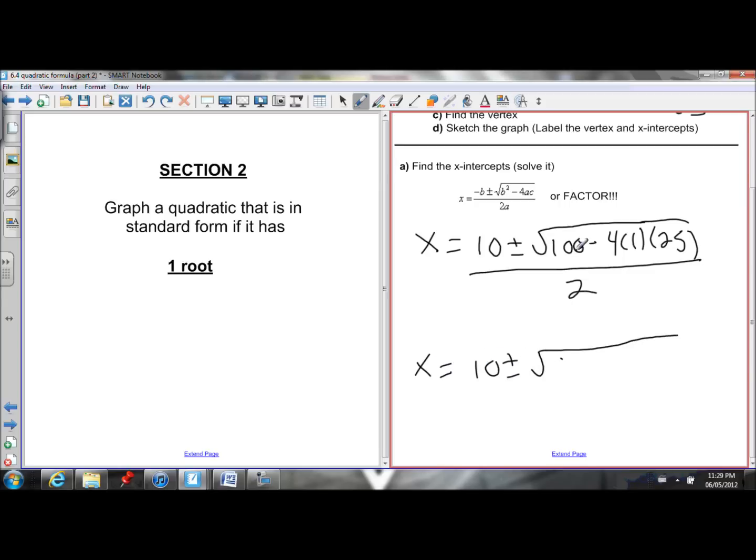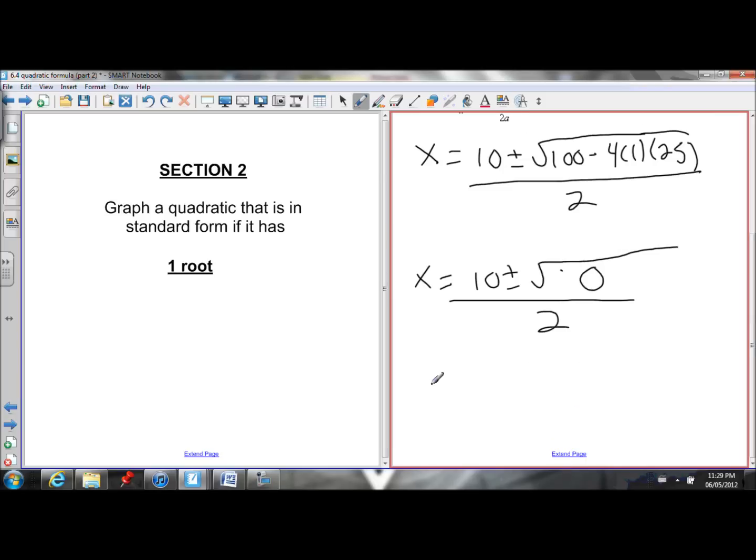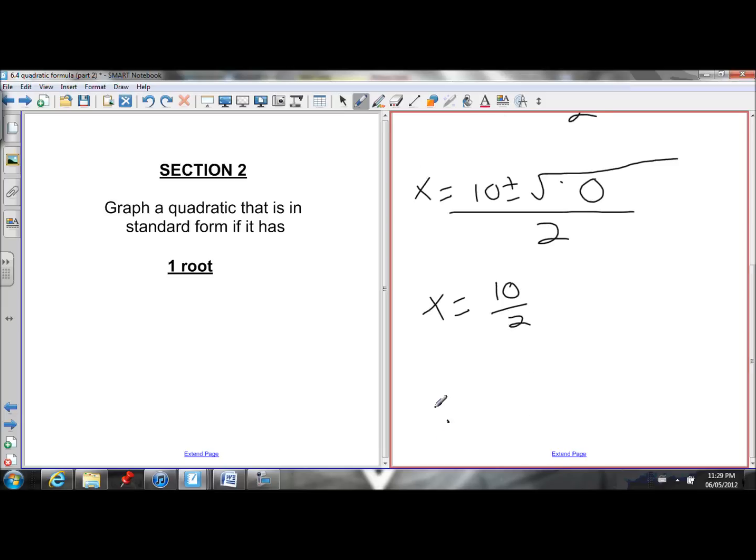Okay, we always simplify under the radical next. 100 minus 4 times 1 times 25. 4 times 25 is 100. Okay, so 100 minus 100 is 0. Square root of 0 is just 0. So the only root I have is x equals 10 over 2. X equals 5 is my only solution.